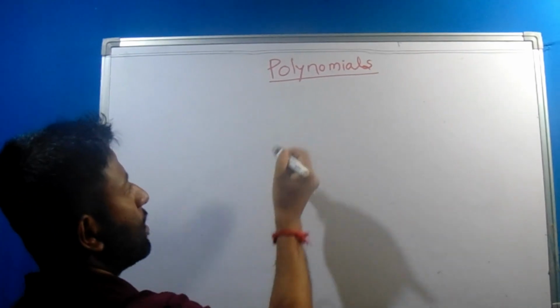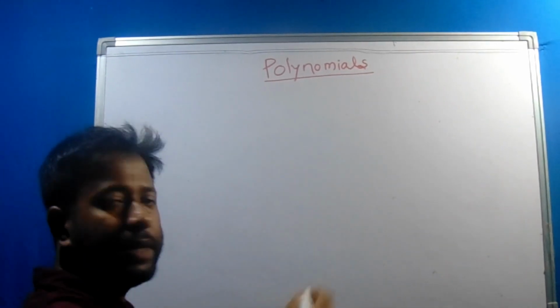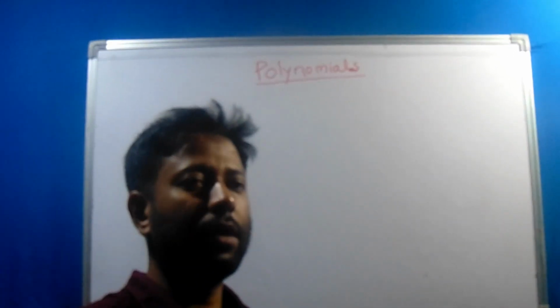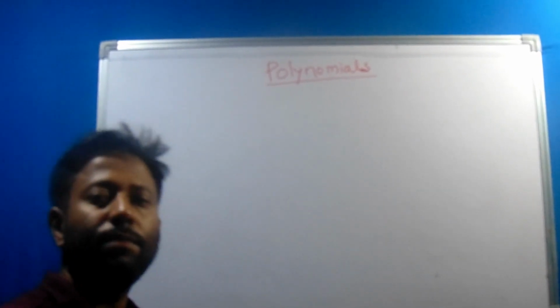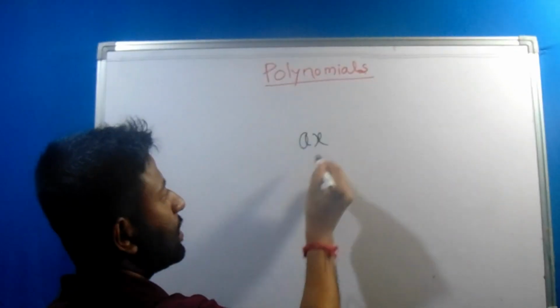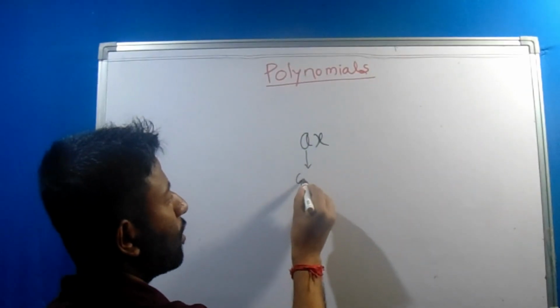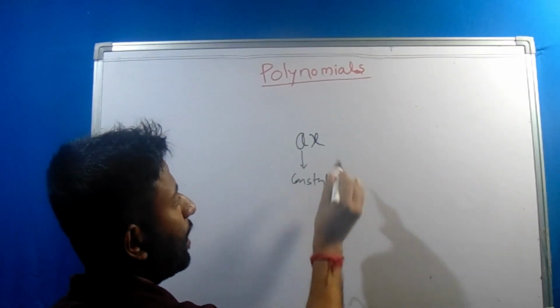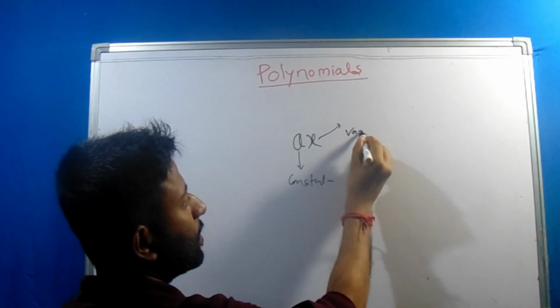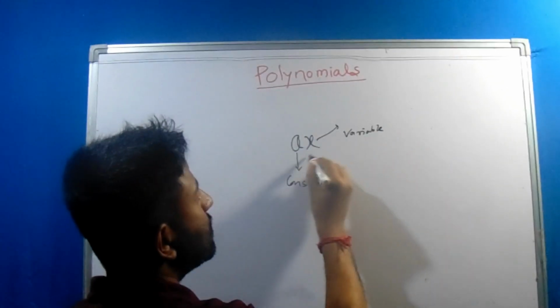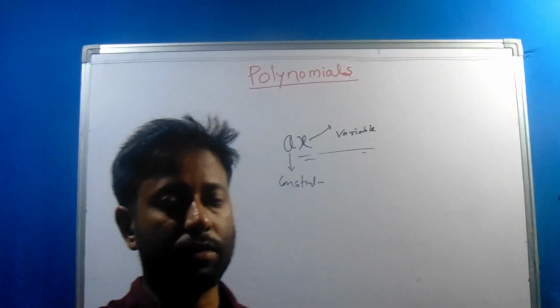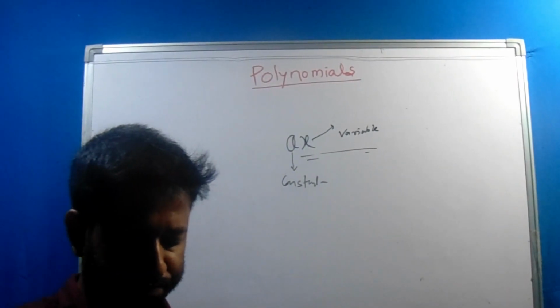Polynomial means that is any variable which consists of some constant. This term is known as the polynomial. जैसे मैं बोल सकता हूँ a x. यहाँ पे a को मैं मान सकता हूँ एक constant and x को मैं मान सकता हूँ एक variable. So this is known as polynomial, and we'll go details about the polynomial.